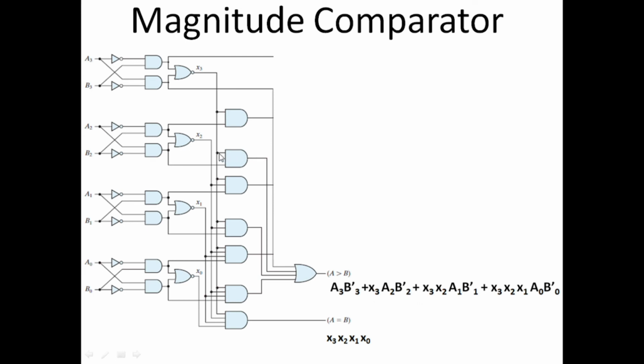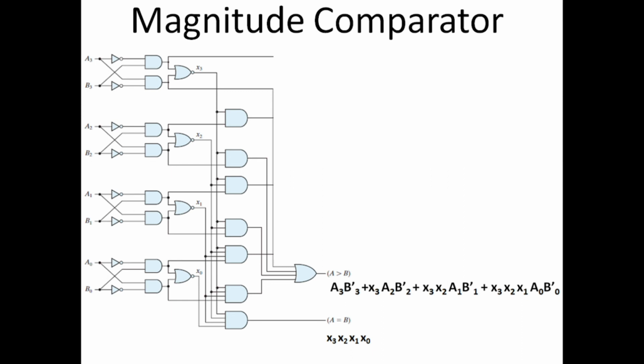So we get x3 from here, and the next term is a2 b2', which we get here and is given as input to this OR gate, and similarly for other terms, and we get A greater than B. So if the output at this line is 1, then this would tell us that A is greater than B.